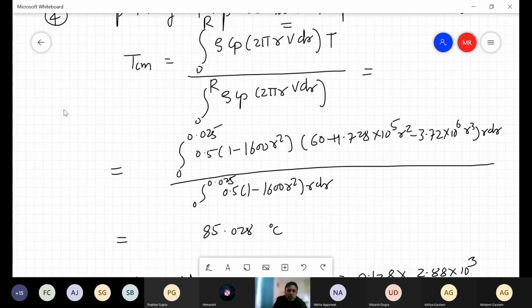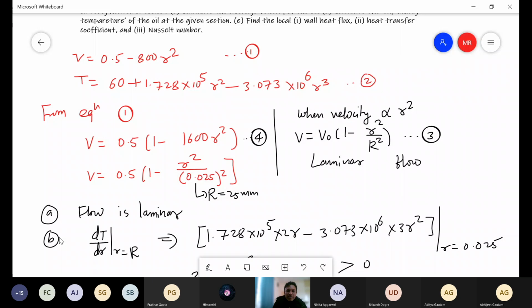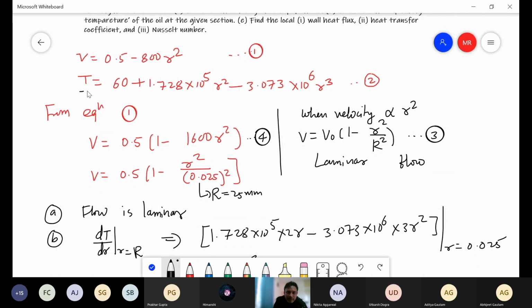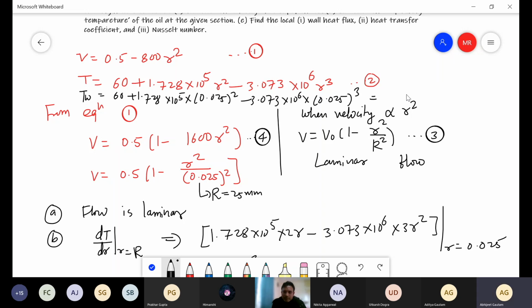So Tw will be 60 plus 1.728 into 10 raised to power 5 into 0.025 squared minus 3.073 into 10 raised to power 6 into 0.025 cubed. So what is the value? Anyone? 120 degrees centigrade. So around 120 degrees Celsius you should get, correct.